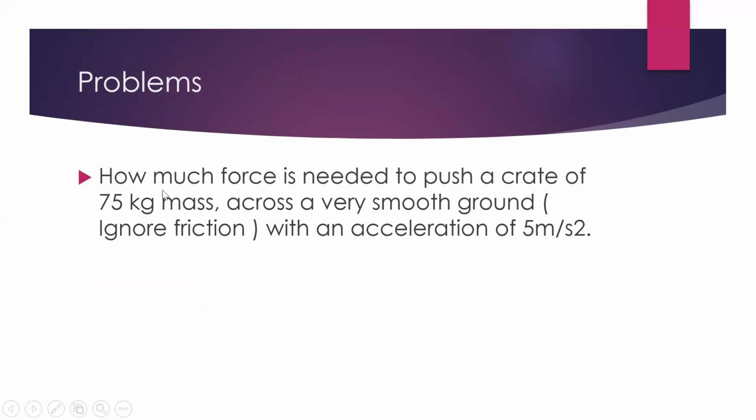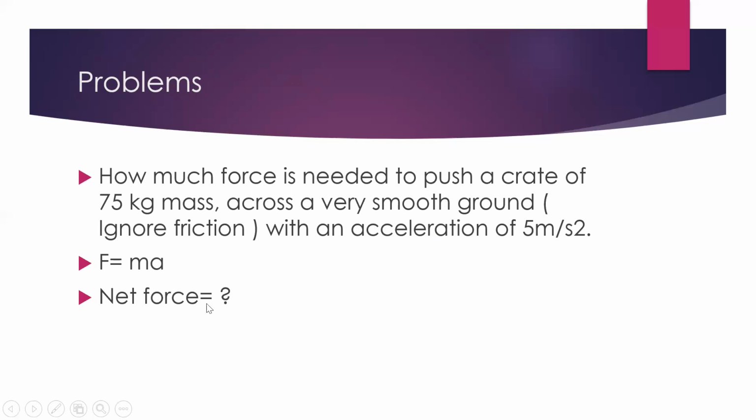Same here for the second example. How much force is needed to push a crate of 75 kilogram mass across a very smooth ground with an acceleration of 5 meters per second square? I will put the equation, put the given information, then I will substitute. This is the equation. F equals mass multiplied by acceleration.